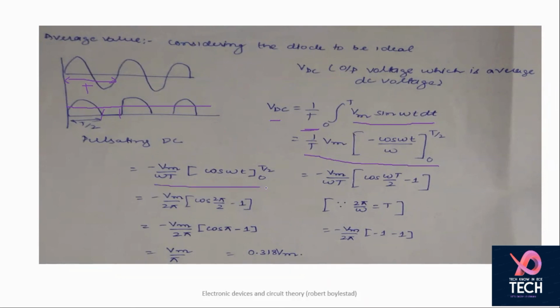So solving this, we get this. After that, the value is this. Then we solve it. So omega is 2 pi by T, and this becomes cos pi minus 1, and Vm by 2 pi. So this becomes minus 2, minus 2 cancel out. So Vm by pi. So your DC value is 0.318 of Vm.